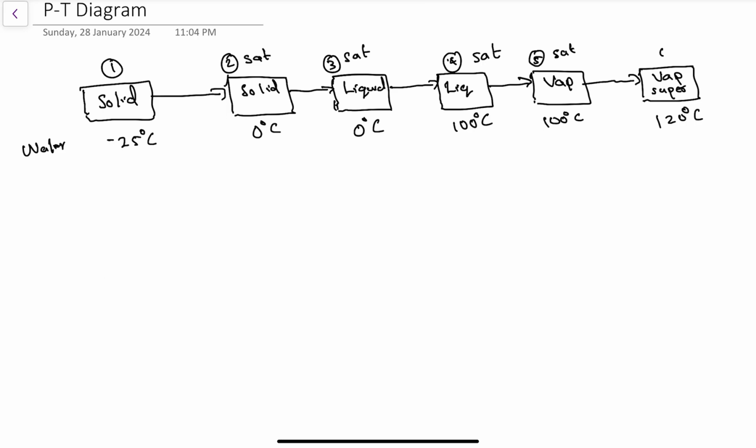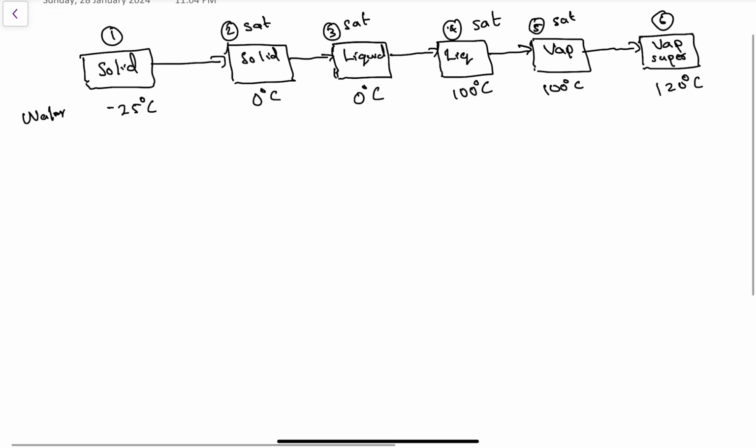I have drawn this for water, but this can be applied to all the substances. For different substances at different pressures, these temperatures will be different.